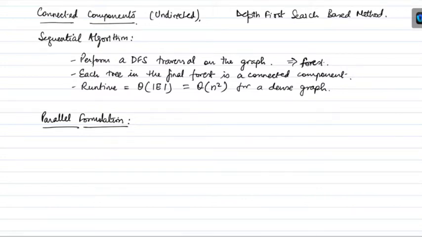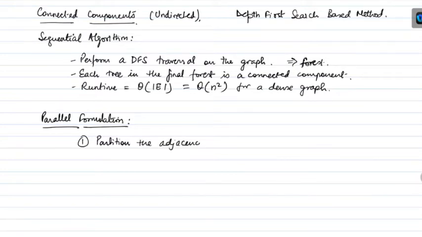There are three things that I have to take care of. The first is I want to partition the adjacency matrix into P parts. I want all the processes to be doing some work.